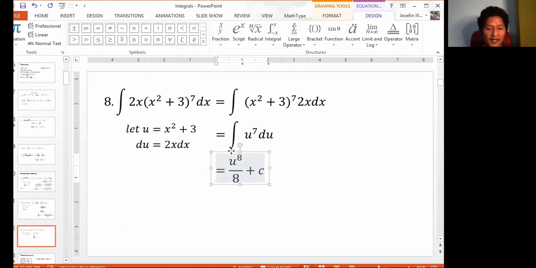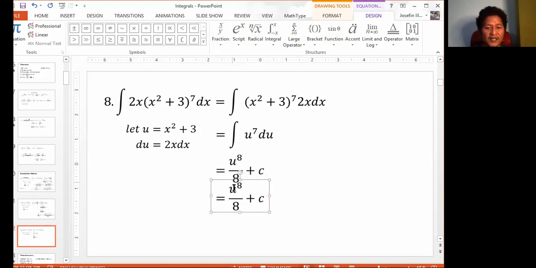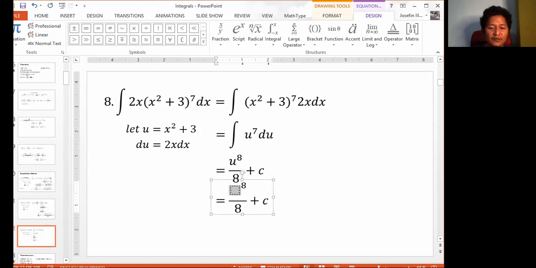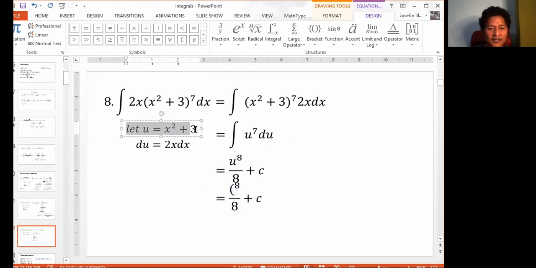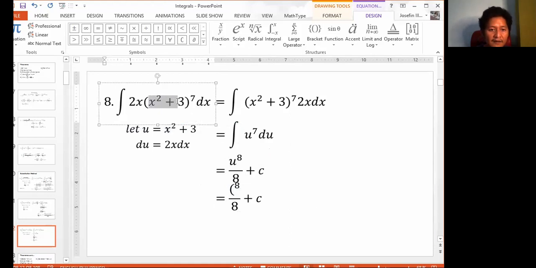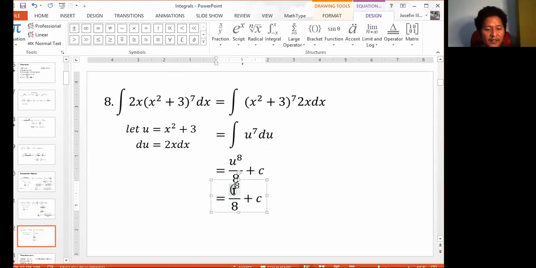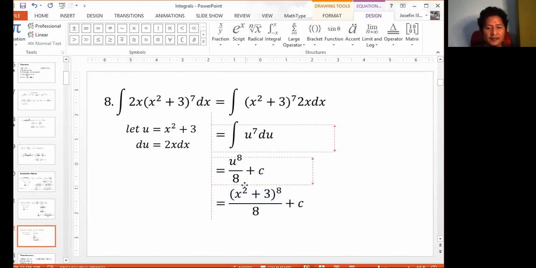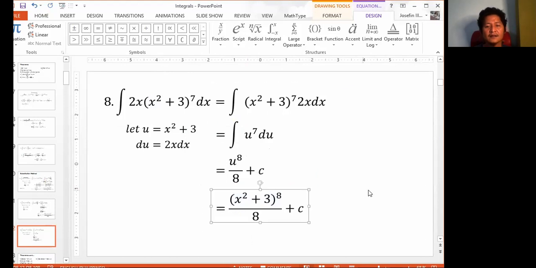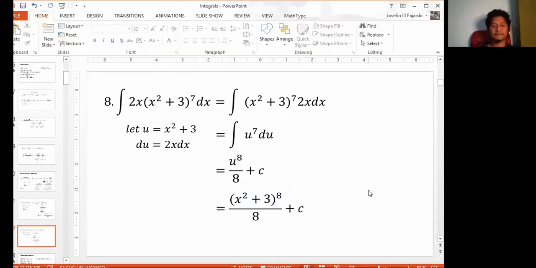Okay, and then palitan na lang natin si u ulit ng base. Yung x squared plus 3. And then we're done.